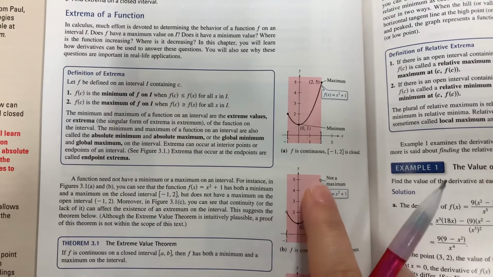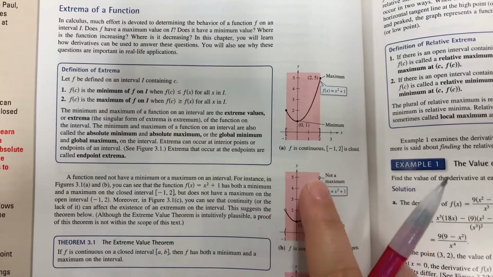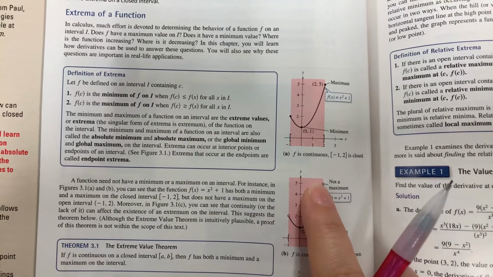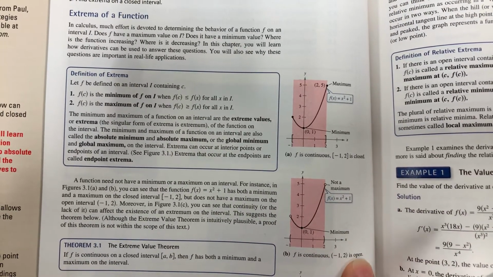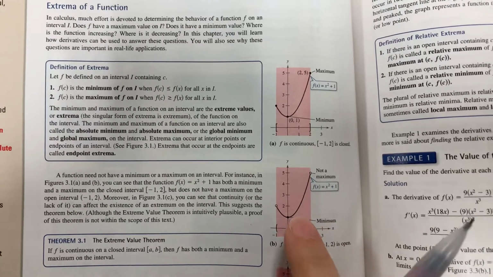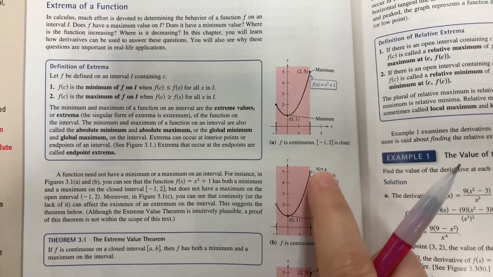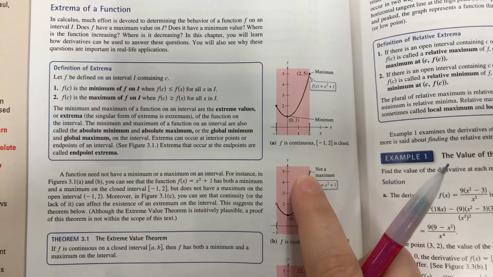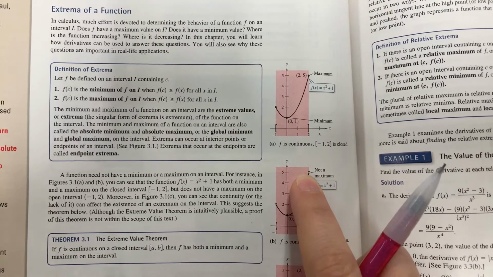Now this one is a continuous function. There are no holes or jumps in this graph, but there are open dots on the ends. So this is on an open interval. That's a problem because I can't say that this is a maximum. Could we say that the point right before that open point is a maximum?